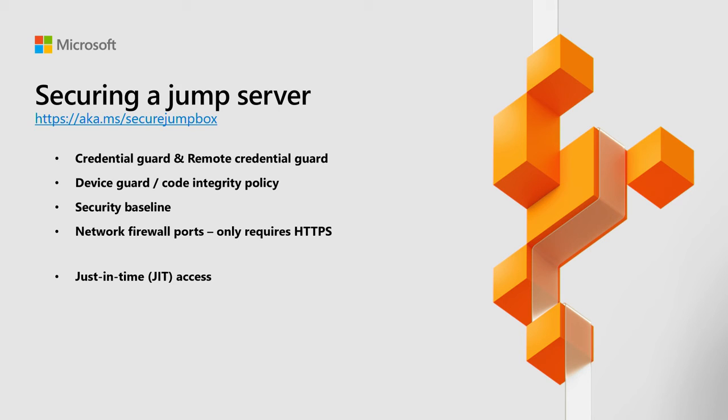That's one of the best ways you can secure a jump box: you have to turn it on. And we always suggest if you have any high-value management interfaces in your environment, that you deploy them on something like a shielded VM, so that if the hypervisor or something gets infected, it's safe.